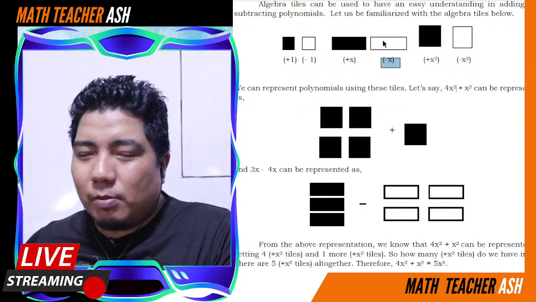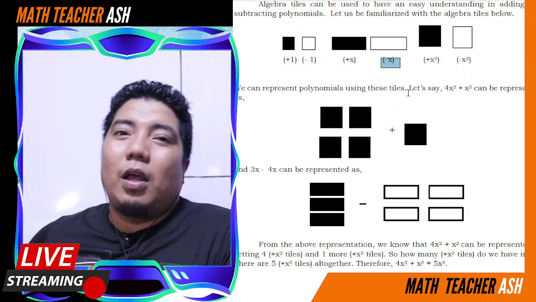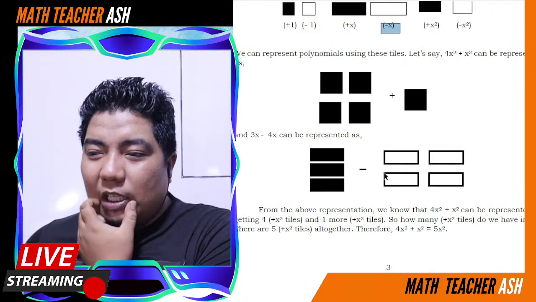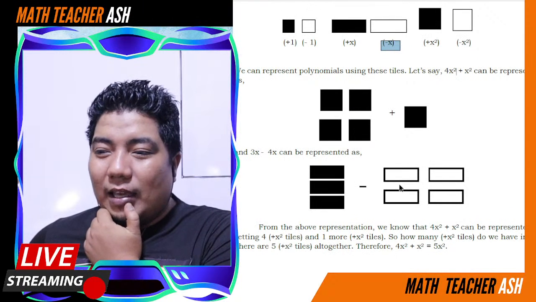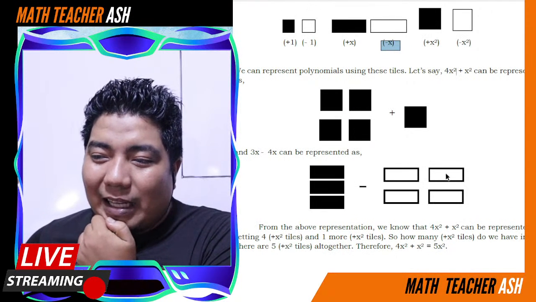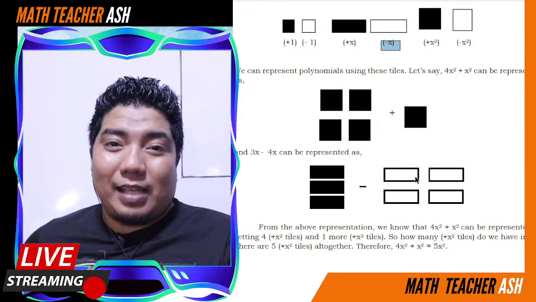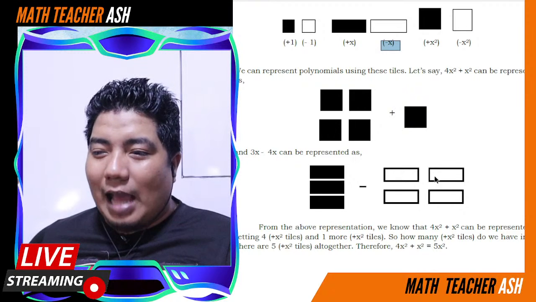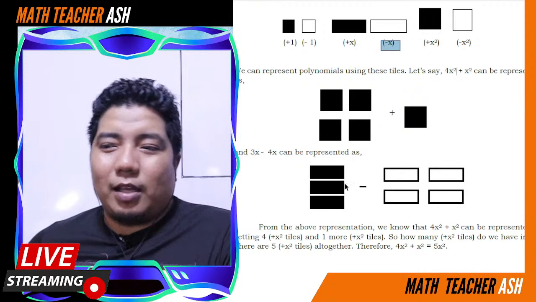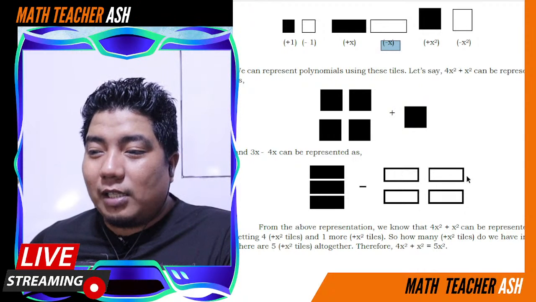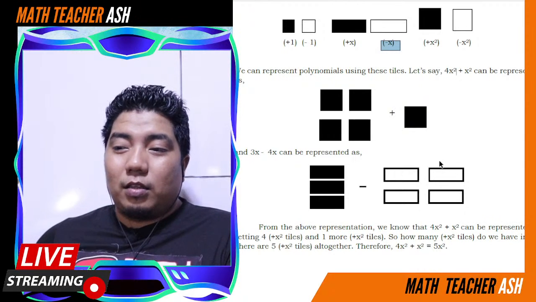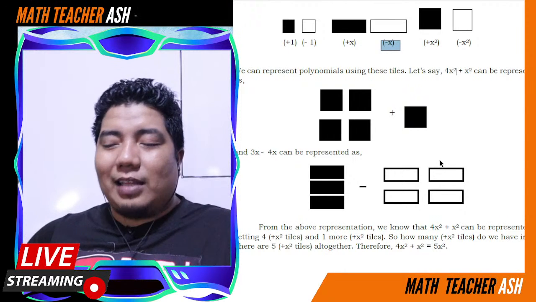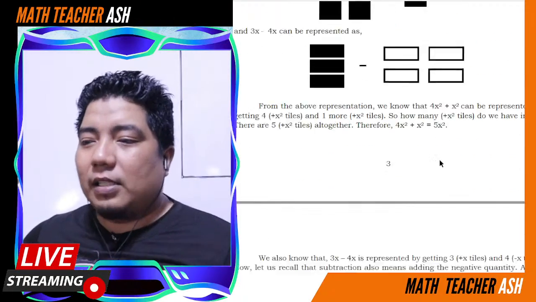Pag ito naman ipapares mo, magiging 0. Kapag itong dalawa naman ipapares mo, magiging 0. So, therefore, ito dito, dapat wala na itong minus. Kasi, the white rectangle is already represented by minus. So, therefore, tatlong black na rectangle, 4 na white na rectangle. Para pag ipapare sila, ang sagot dito is isang white na rectangle na walang pares, and that means negative 1x or negative x. Okay? So, yun dapat ang sagot niya.